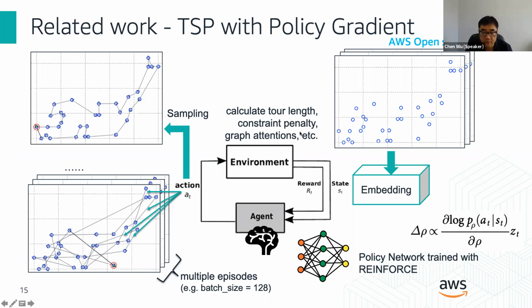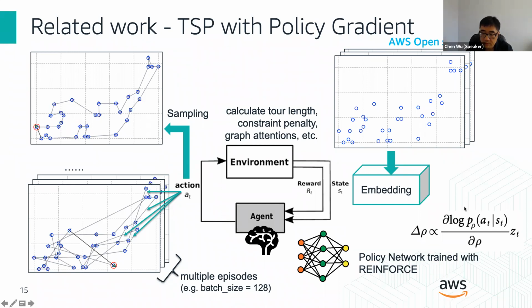For this particular policy network, we're using REINFORCE. It's a very old algorithm under the family of policy gradient. Here I'll just show you the equation of policy gradient. This is the probability of the action given the states, and that's your reward.